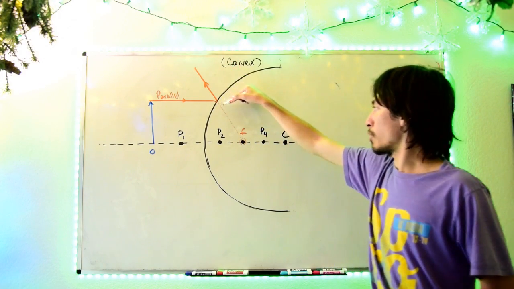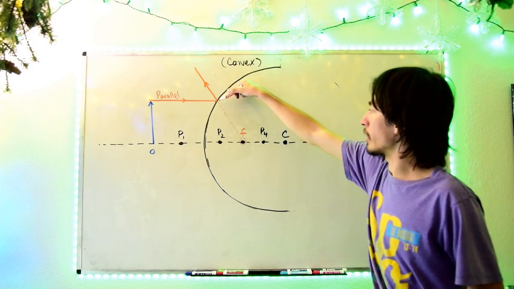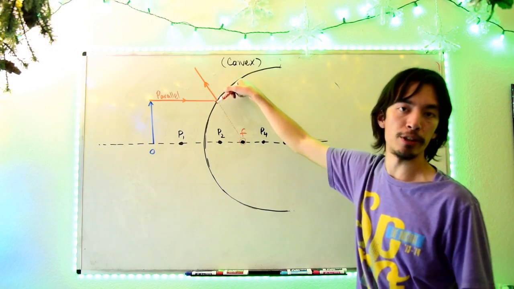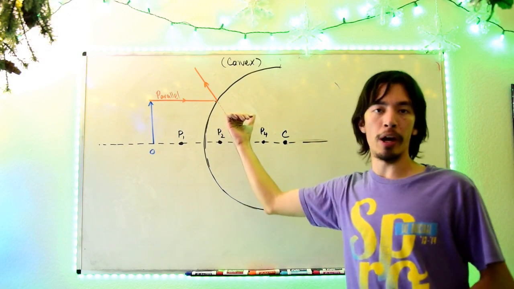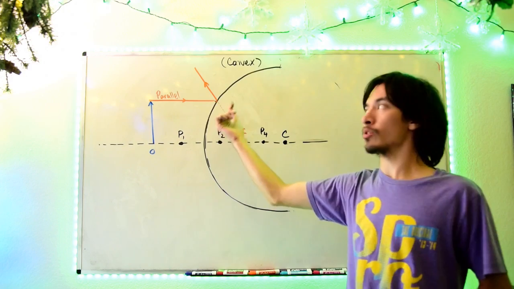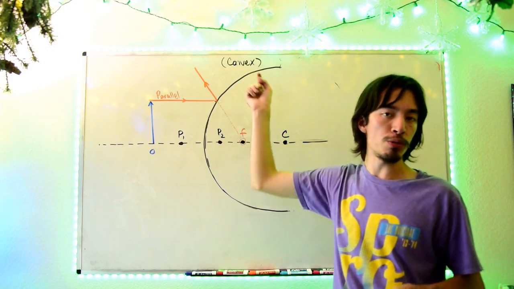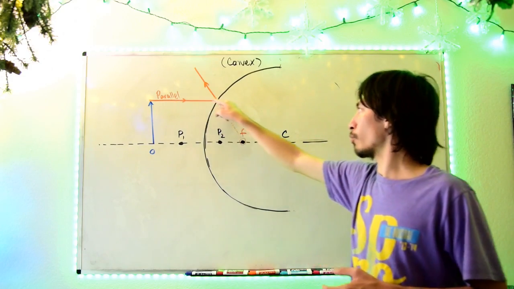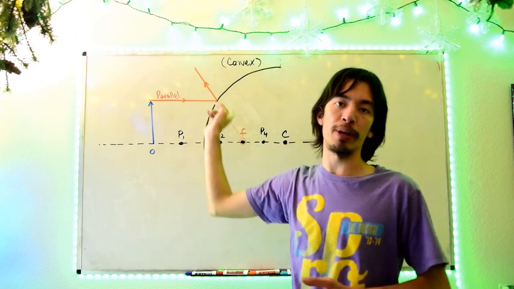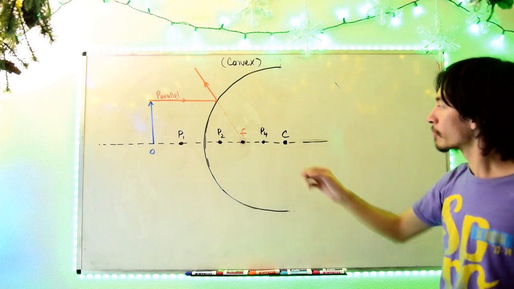So make sure to draw this dashed line in. That's the most important thing here because it's going to intersect with another ray. Now, this is actually where the mirror gets its name from, so not the convex, but it's also referred to as a diverging mirror. And that's because parallel rays diverge or spread away from the focal point.